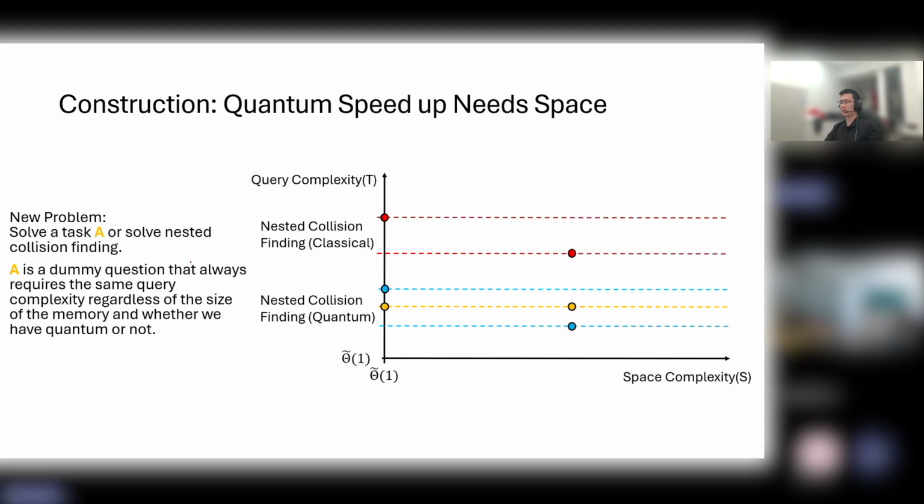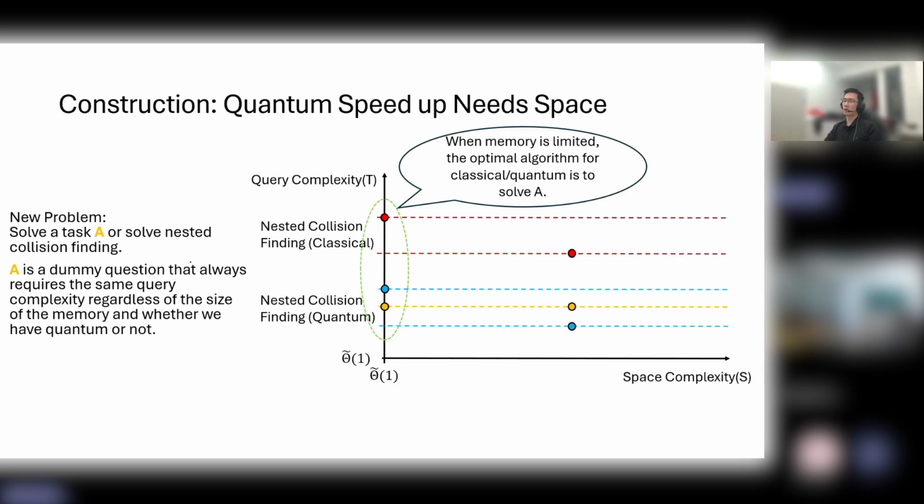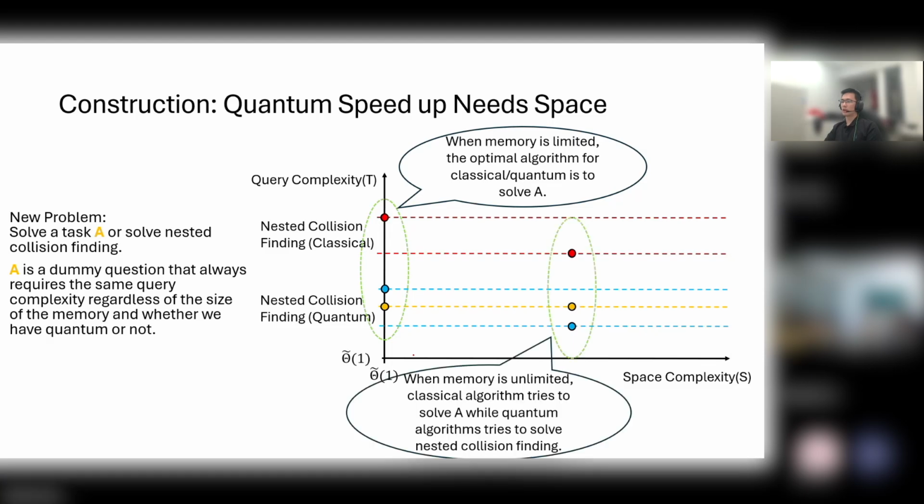If the memory is limited, both classical and quantum algorithms will choose to solve A, because for this line the optimal complexity is to just solve this dummy task. So with limited memory, the classical algorithm is as fast as the quantum algorithm, because they both want to solve A. If the memory is unlimited, the classical algorithm will try to solve A, but the quantum algorithm will try to solve nested collision finding.